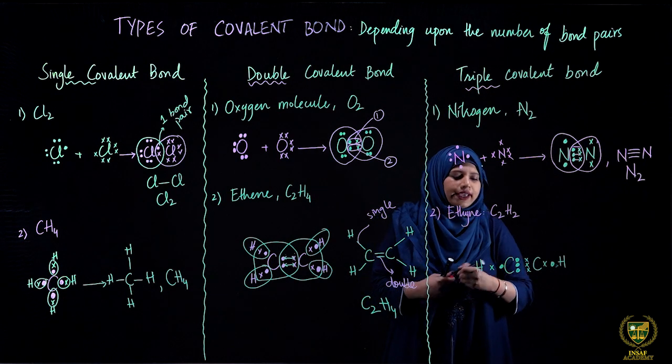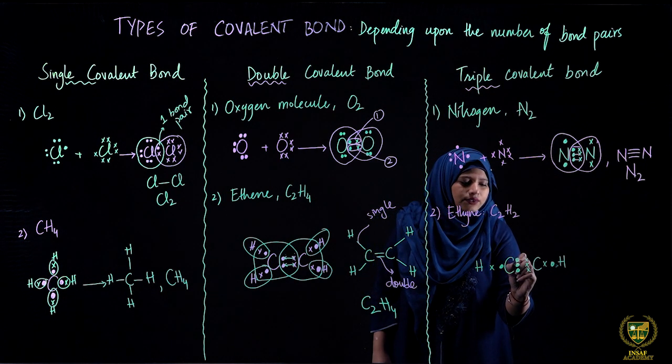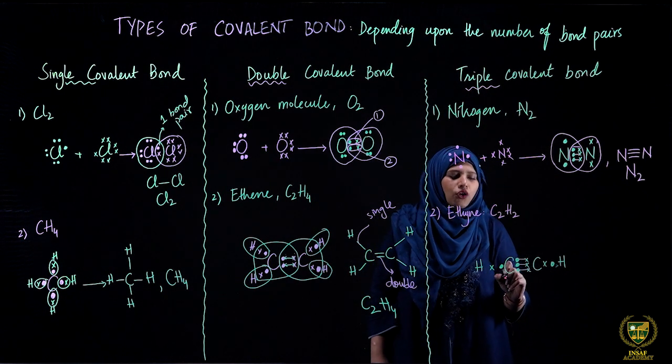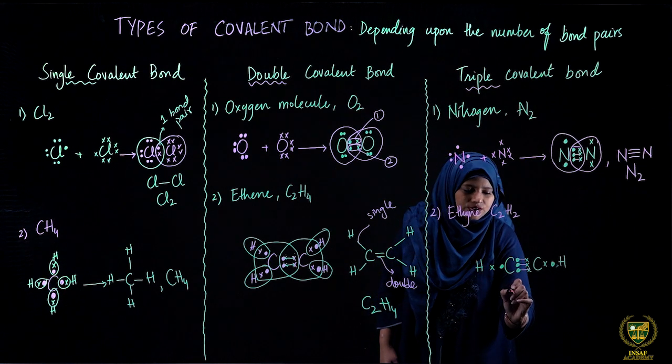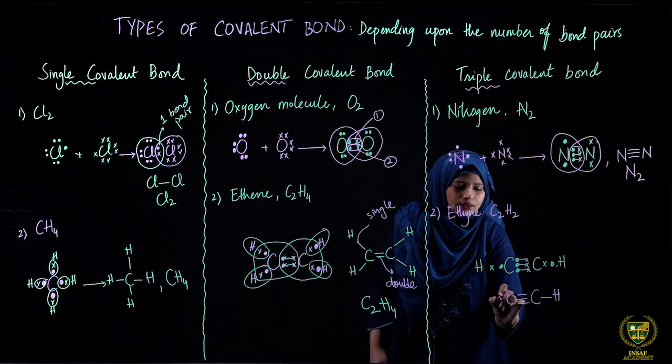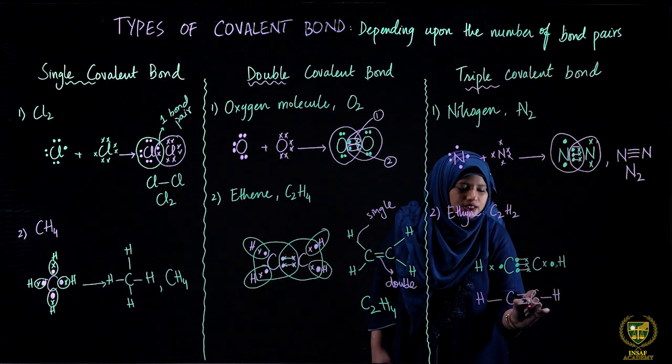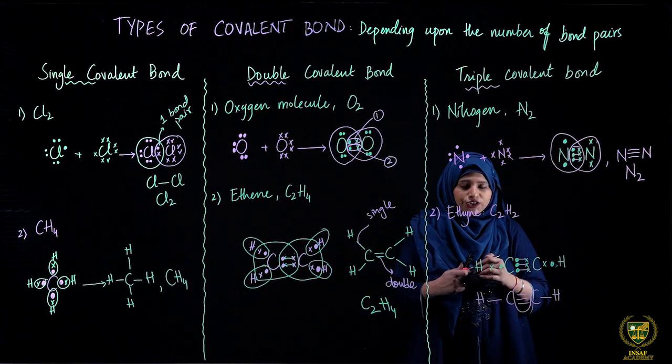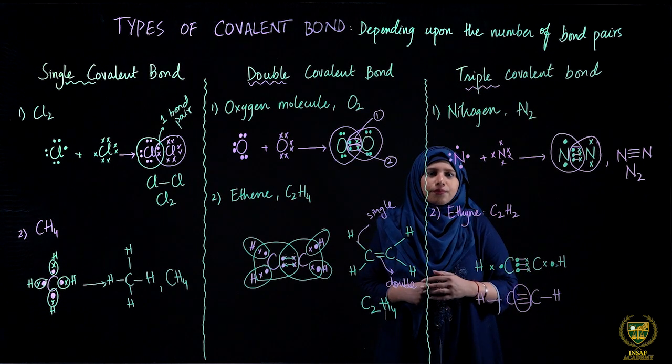So, as you can see that there are 3 bond pairs involved, so we can write its structure like this. So, this bond is called as triple covalent bond.